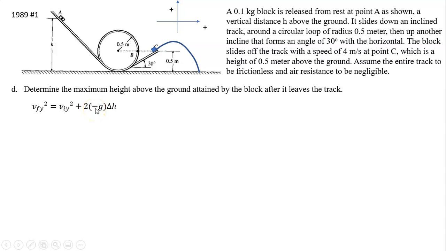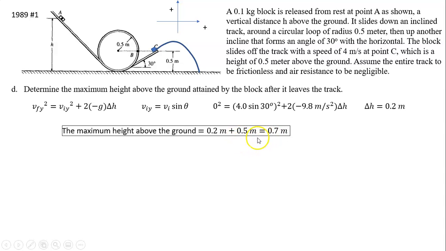We know V_fy equals 0, and that's how we find delta H. V_iy equals V_i sine theta, so V_iy is 4 times sine 30, the whole thing squared, plus 2g delta H, and you can solve for delta H. Delta H is the displacement above point C, and that's not what they are asking. They are asking for the height above the ground, so you have to add the 0.5. So the maximum height above the ground is 0.7.